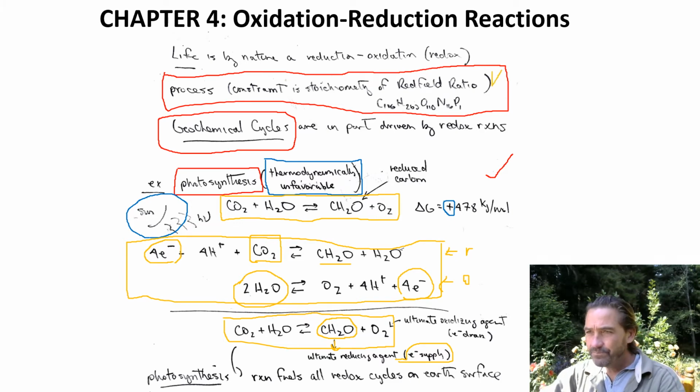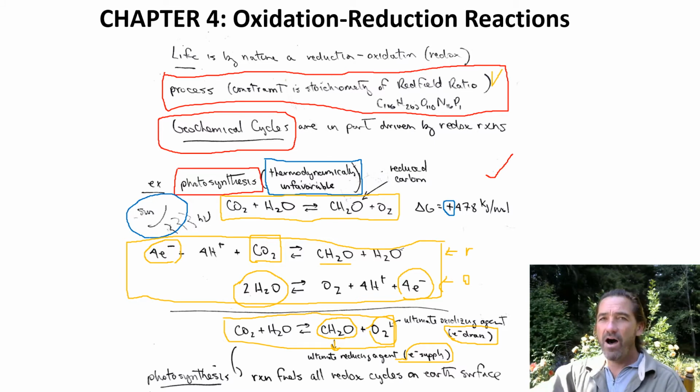Also, we have oxygen. And this oxygen that's been produced is actually void of electrons. It would like to have more. Of course, oxygen gas has electrons, but the oxygen atoms within oxygen gas would like more. So it actually behaves like an electron drain. And so we need oxygen because we respire.